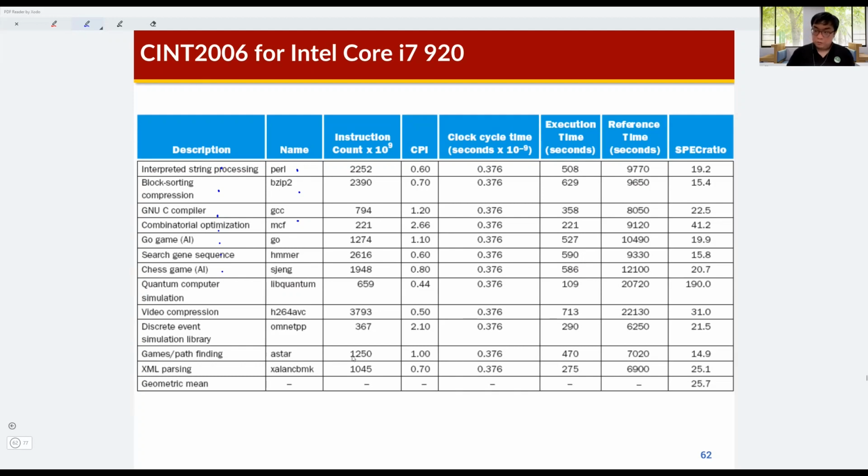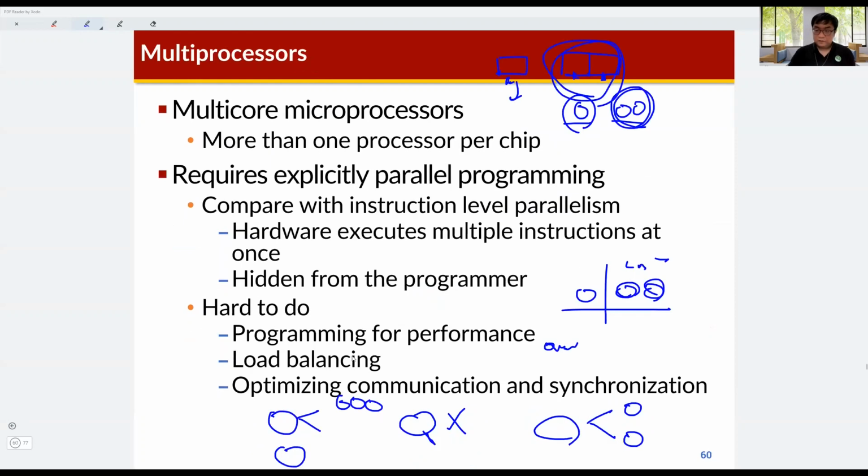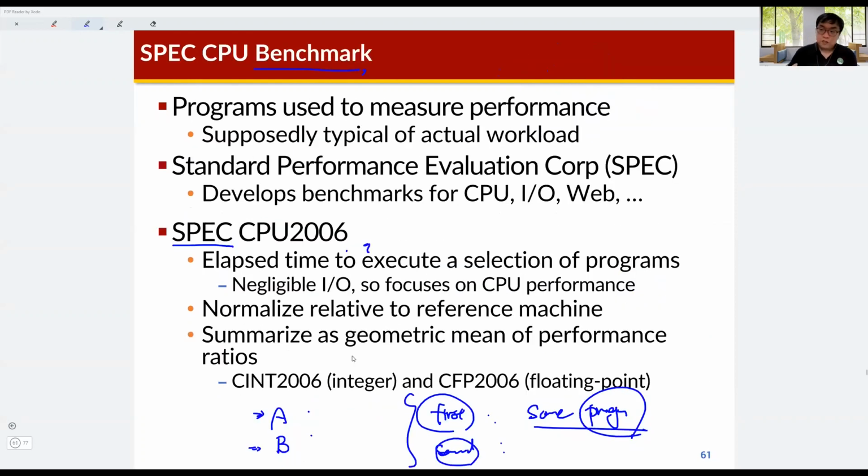Using this benchmark, we use benchmark applications to compare the performance of two different computer systems. Okay, so I will stop here. In today's class, we learned about MIPS, another performance metric of computer systems. We also learned about power consumption.